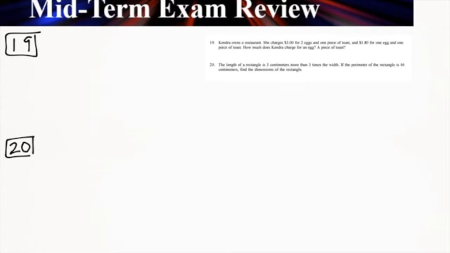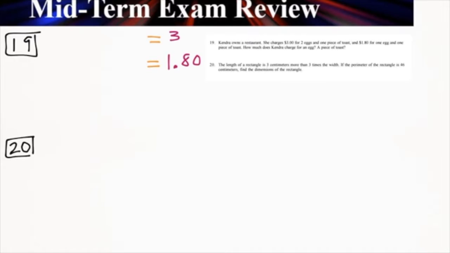Now, some people like to use letters for the unknowns in the word problem. So let's do number 19. For number 19, she charges $3 and $1.80. Those are your totals, and there are only 2 unknowns. If there are 2 unknowns, I need 2 equations. My totals are $3 and $1.80.